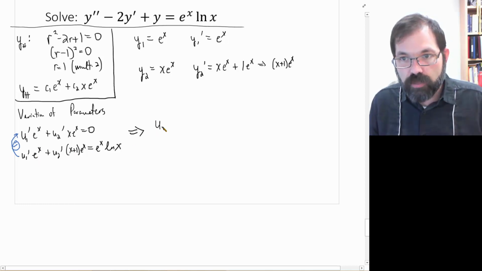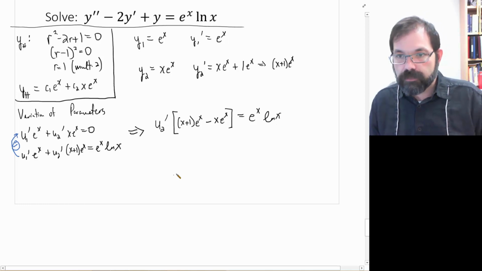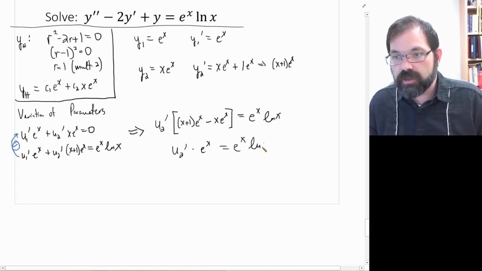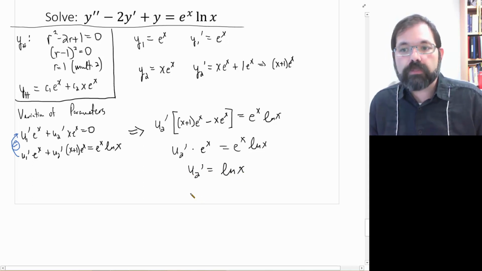I'd have u2 prime times (x plus 1) e to the x minus x e to the x, and that's got to equal e to the x times the natural log of x. So (x plus 1) e to the x minus x e to the x, so I now have u2 prime times e to the x is e to the x natural log x. The e to the x's reduce out, and u2 prime is natural log x.